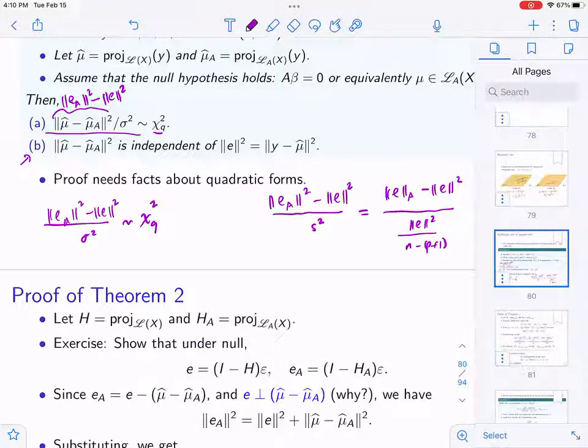So this guy is independent of that, so this is okay. This is the same as this, so these two are the same. So this is independent of this.